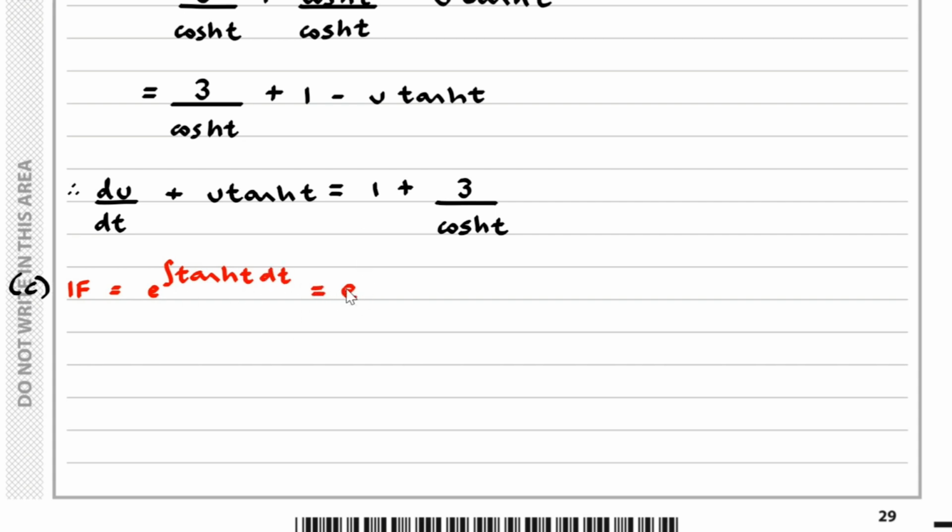So we've got e to the power of the natural log of the mod of cos t, which is just equal to cos t.